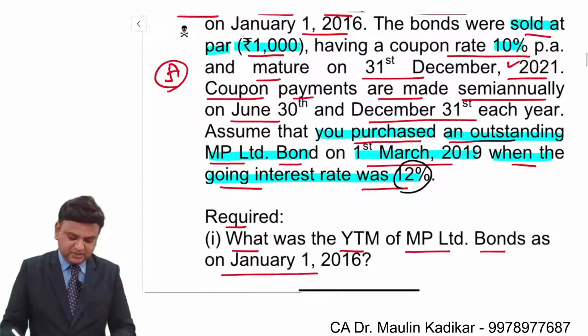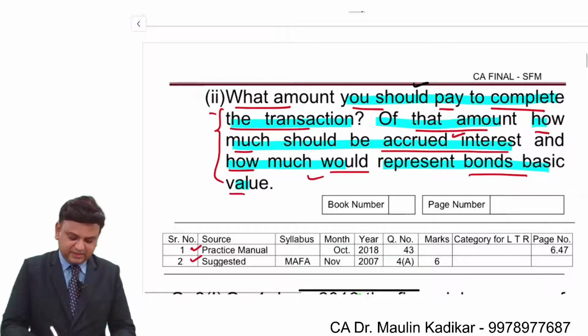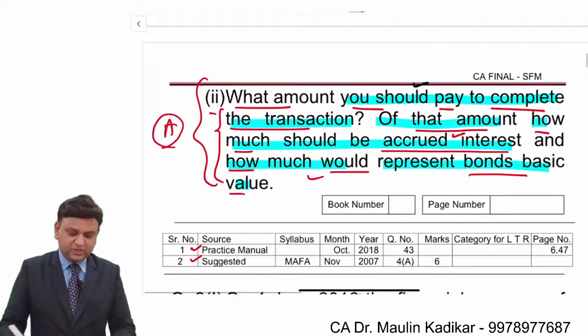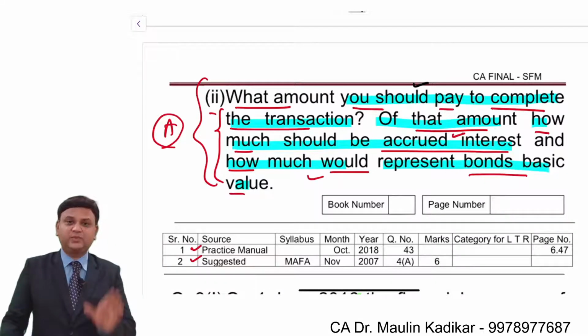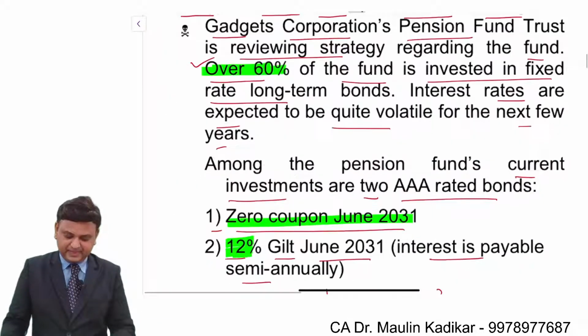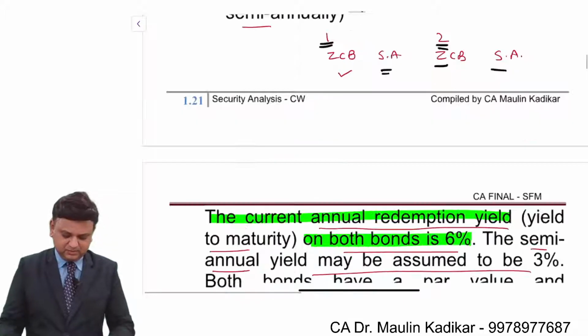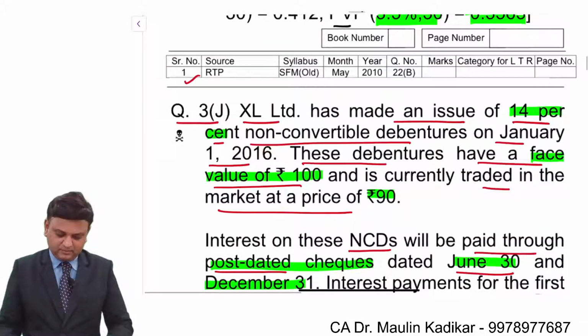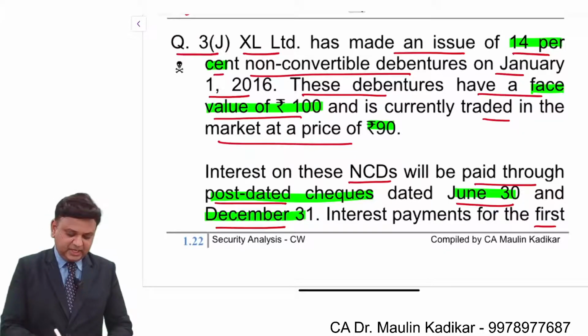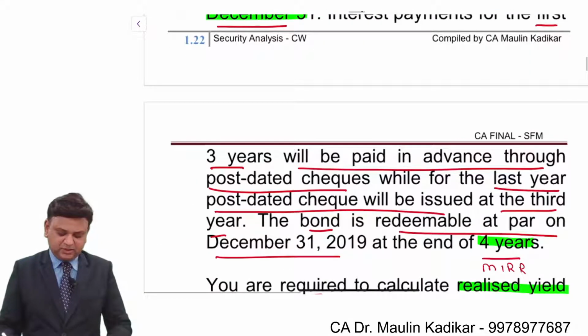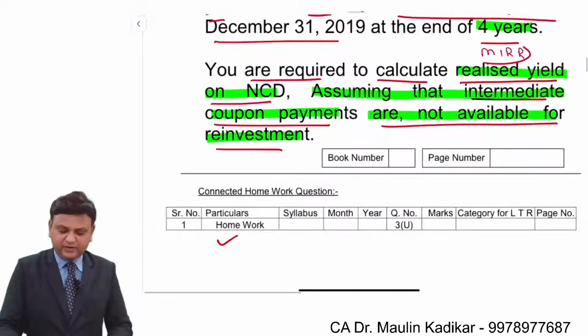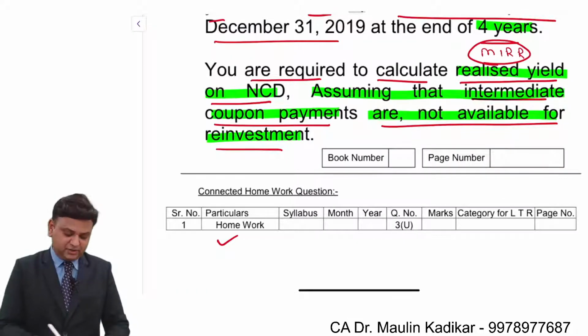3H is an important question, especially for the second part of the question, because the date of purchase of the security is provided between two dates. This is a practice question. 3J is a question which is important because we are required to find the modified internal rate of return.